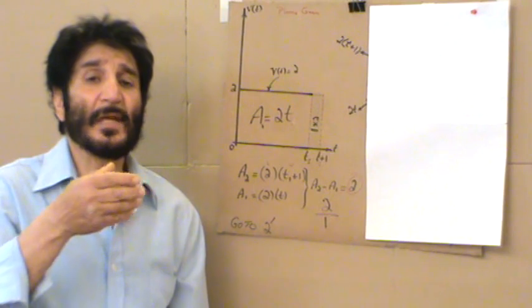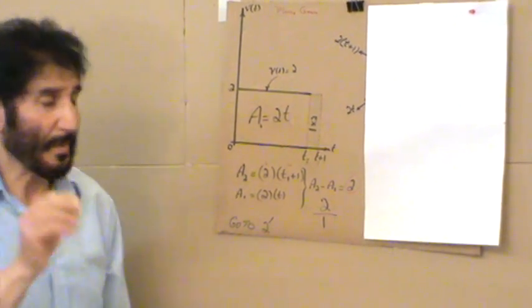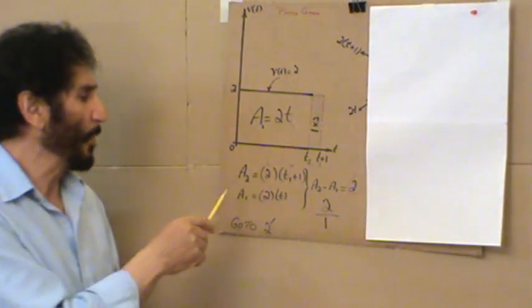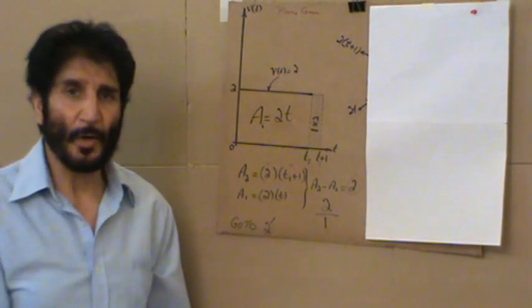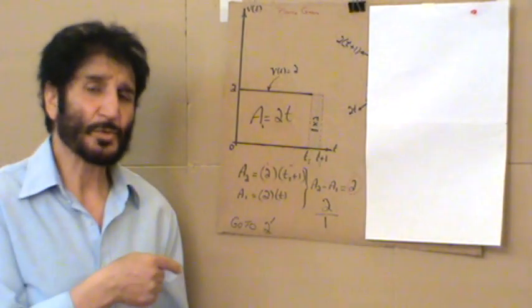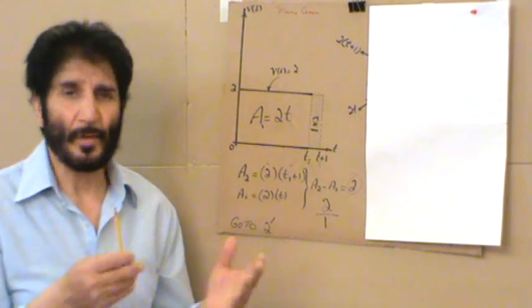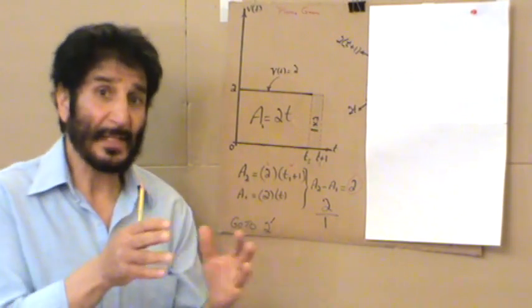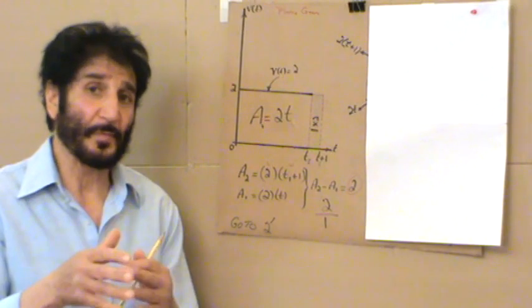Now I want to see what is the rate of increase of that per unit time. Now here, as I have written here, hopefully it's visible for you, I say the next one is 2 times t plus 1, and the previous one was 2t. So I do very elementary arithmetic or algebra. I subtract the two areas from one another, the smaller from the bigger.